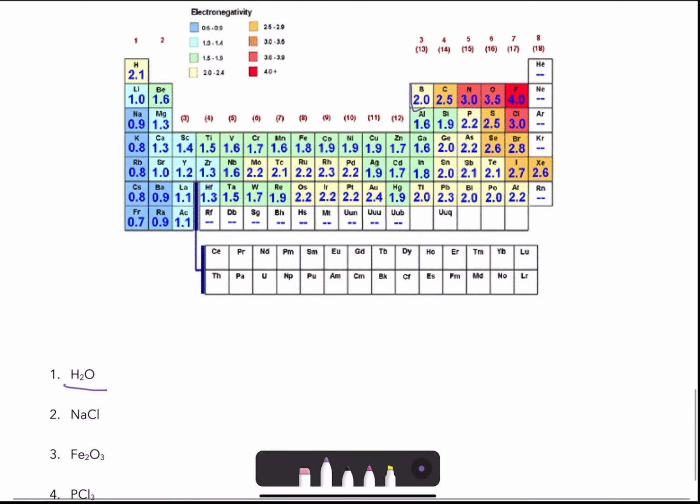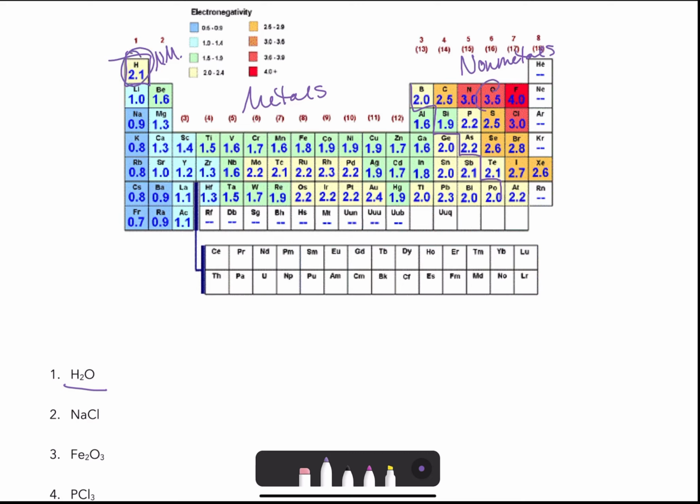We know that we have the staircase right here, and we have metals on this side and non-metals over here, except hydrogen is the exception. It's also a non-metal. We know it's covalent, right? We've got hydrogen, oxygen, both non-metals, but we don't know what type of covalent bond it is. We can do a little math though and find out.